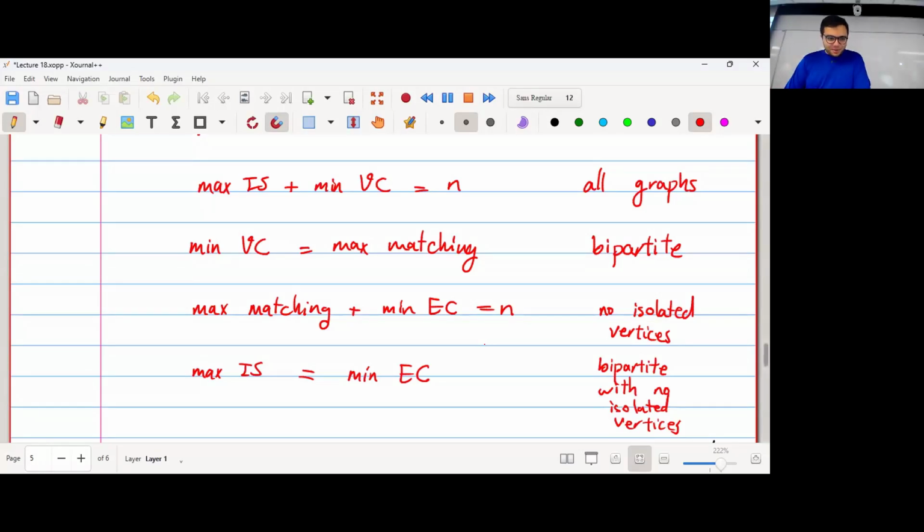Look, the sum of these two things is equal to the sum of these two things. So maximum independent set plus minimum vertex cover is N, and maximum matching plus minimum edge cover is also N, right? And then minimum vertex cover is equal to maximum matching. So maximum independent set should be equal to minimum edge cover.